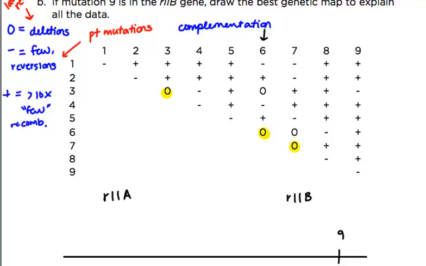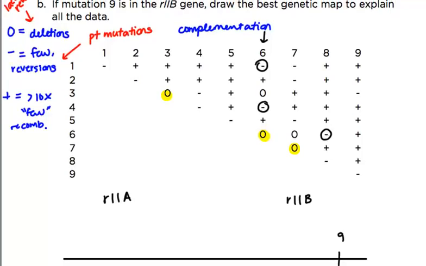But we're going to look for dashes, which means that it didn't recombine, it just, that point mutation reverted. So the mutations that don't recombine with 6 are 1, 4, and then if you look across, also 8. So we know that the deletion is going to span through the mutations of 1, 4, and 8.